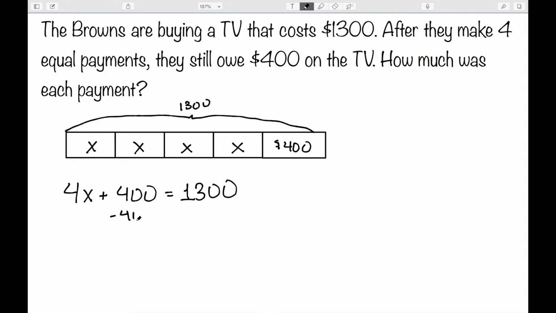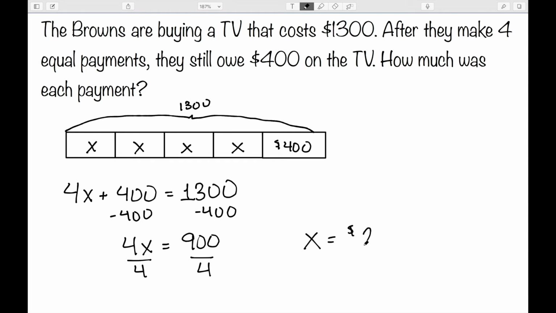We can then subtract 400 from both sides of the equation. That will give us 4x equal to 900. And then we can divide both sides by 4 to get that x is equal to 225. So we can see that my overall operations were exactly the same using the strip diagram without the algebra steps and using the algebra steps. We still subtracted 1,300 minus 400, and then we divided that 900 by 4.